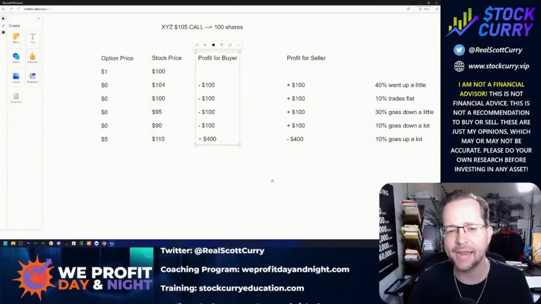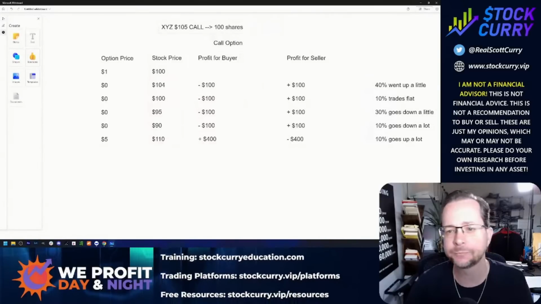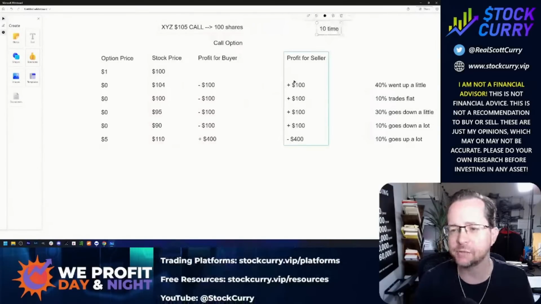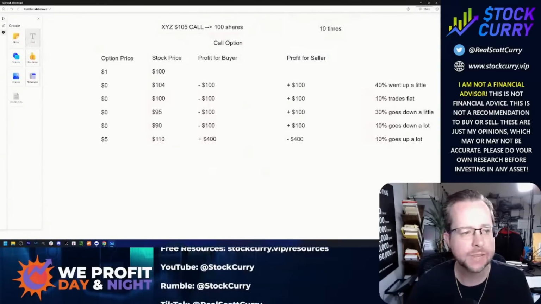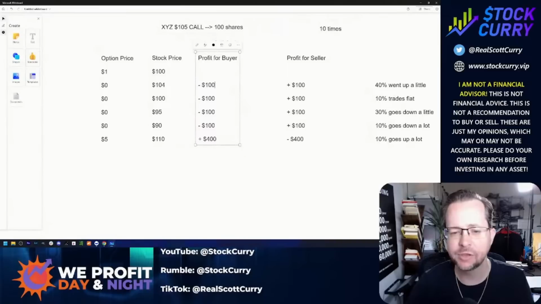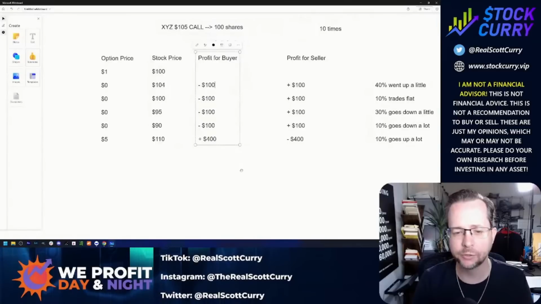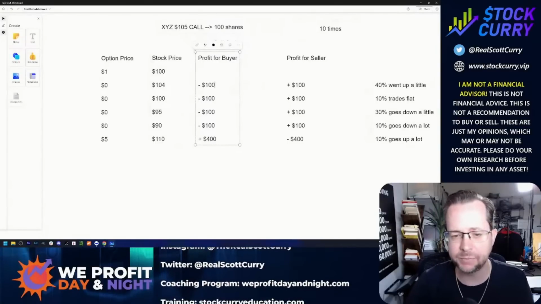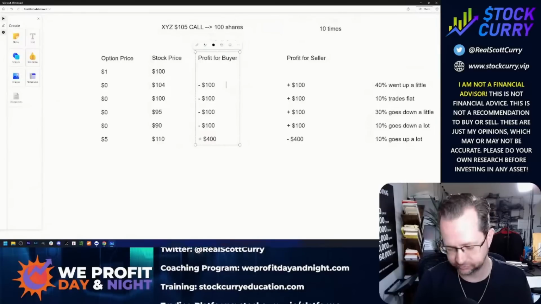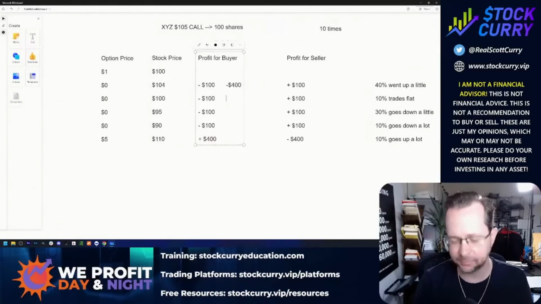So let's say that we were to run this exact play 10 times. If we do this exact play 10 times, what happens? Well, 40% or 4 times out of 10, we're going to lose $400. So this is going to end up being an average of $400. And 10% of the time, it's going to go flat.